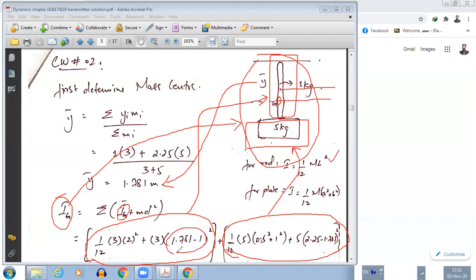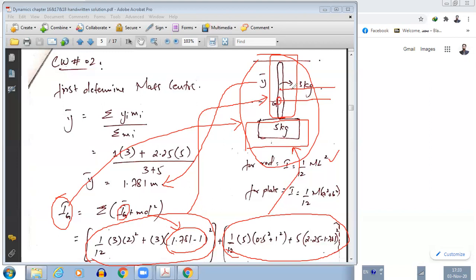This is important. If anyone does not understand, you can ask. I'm asking about this 1.781 minus 1. This is d for the case of the cylinder rod.